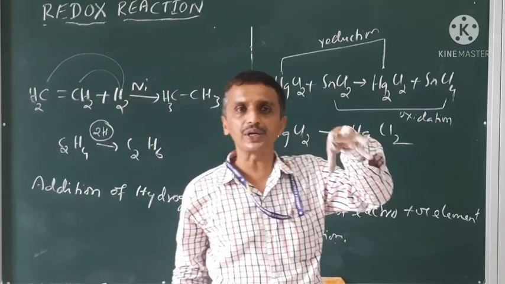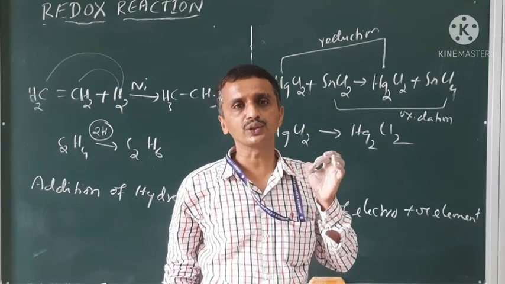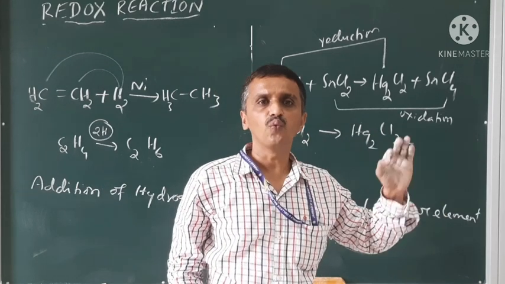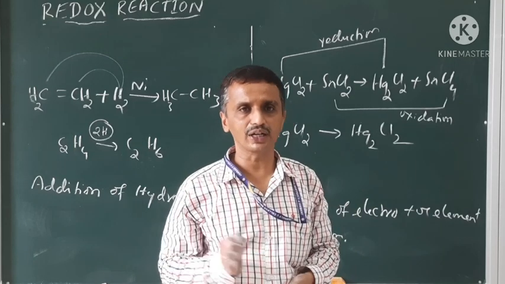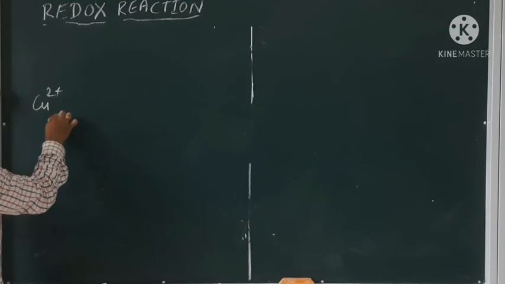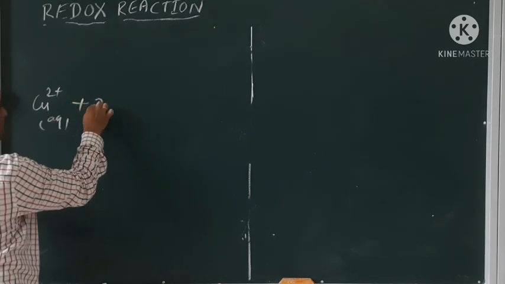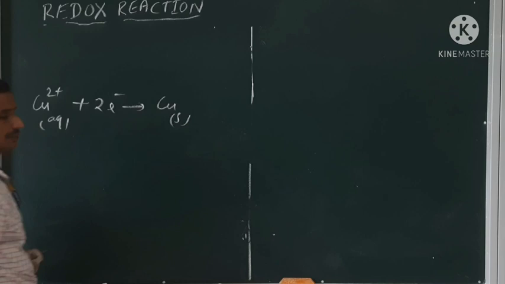Sometimes in competitive exams, they may give a reaction and ask you to identify which species is undergoing oxidation and which is undergoing reduction. Copper 2 plus aqueous takes up 2 electrons and gives copper solid.